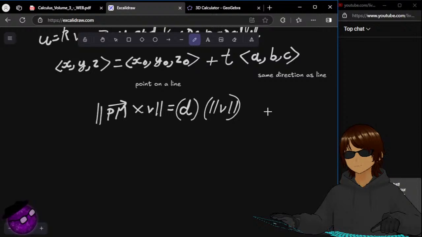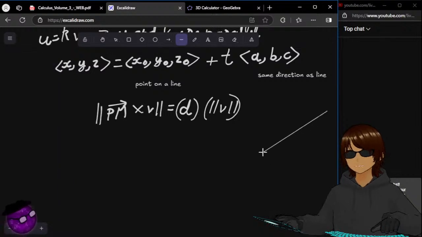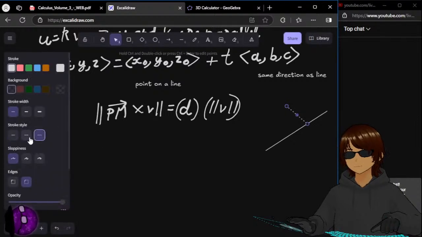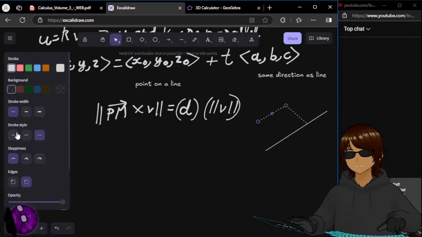Here's a line. Here's a point. And then this would be the shortest point, and this would be the parallelogram. Let's choose blue.